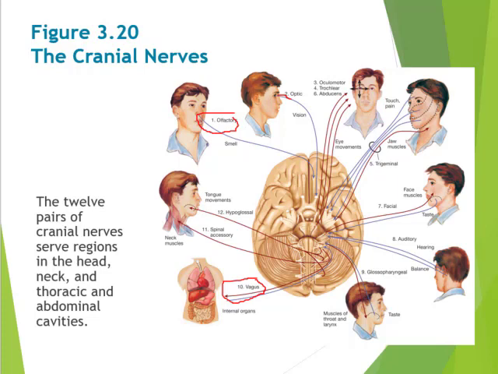The vagus nerve, as I mentioned before, is involved with sensation and motor control of muscles of the internal organs. And the spinal accessory, cranial nerve 11, is involved in the control of muscle movements of the neck. And the hypoglossal nerve 12 is involved in the control of muscles and movements of the tongue.